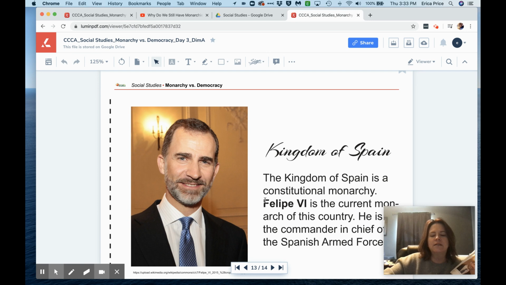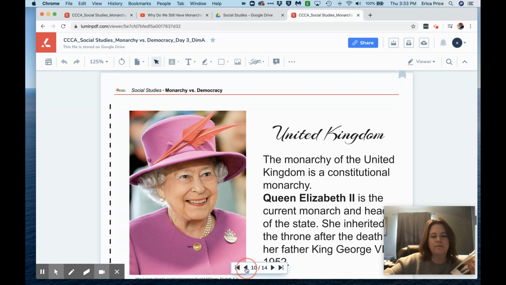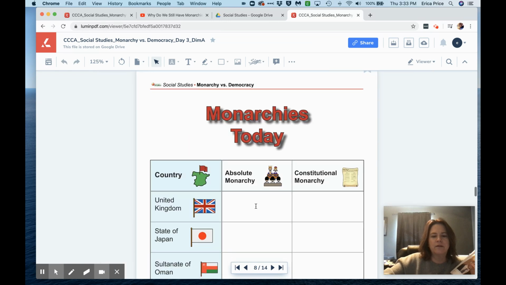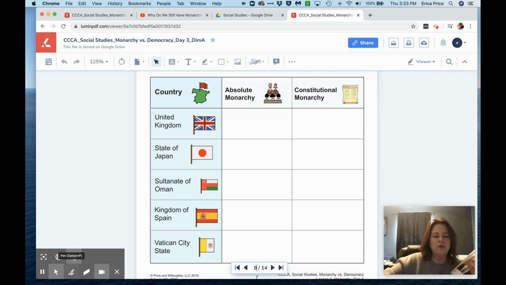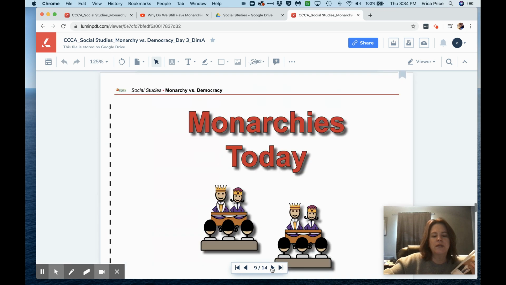It's a constitutional monarchy. So let's go back again and look at our table. Remember, very few absolute monarchies, our table is showing us because the United Kingdom is constitutional. State of Japan, constitutional. Sultanate of Oman, absolute. Kingdom of Spain, constitutional monarchy. We have one more to look at.